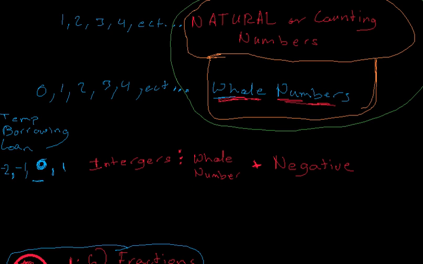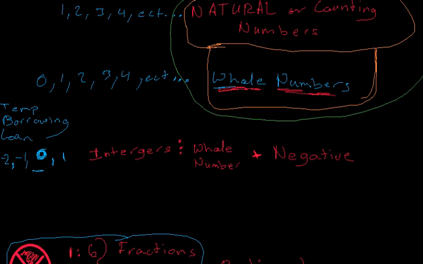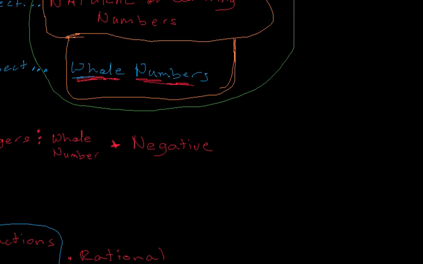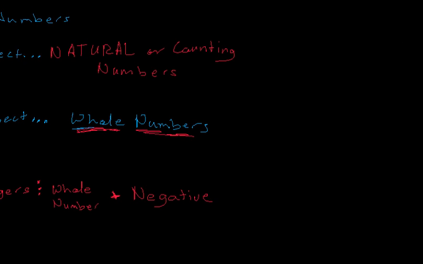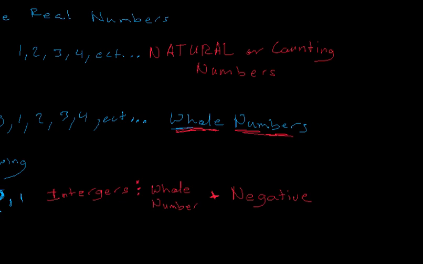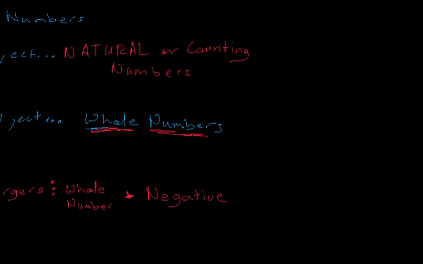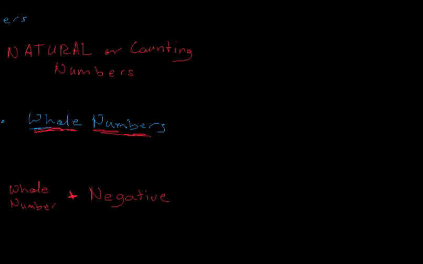We said, hey, well, wait a second. We want to include negative numbers. So let's take a look at this again. The first thing we said was, we've got these things called natural numbers.